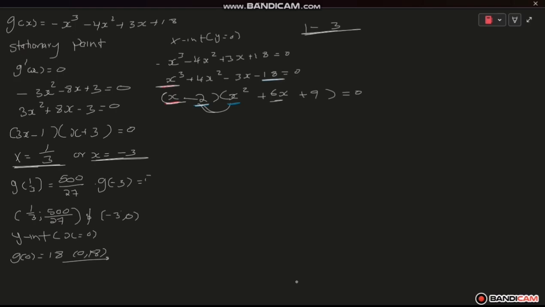So this is very, very important. For us to get the 6x, we said negative 2 times x squared, negative 2x squared plus the dash or empty space equals whatever having an x squared in the graph of G, which was 4x squared. Then we solve for the dash line, we got 6x. I hope that makes sense.